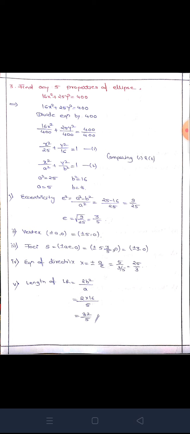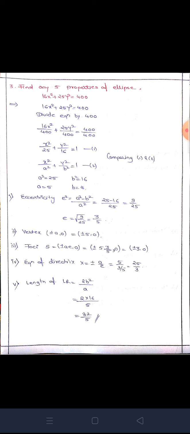Then find the eccentricity. e square is equal to a square minus b square divided by a square. So 25 minus 16 divided by 25, that is 9 divided by 25. So e is equal to root of 9 divided by 25. So we will get 3 by 5.